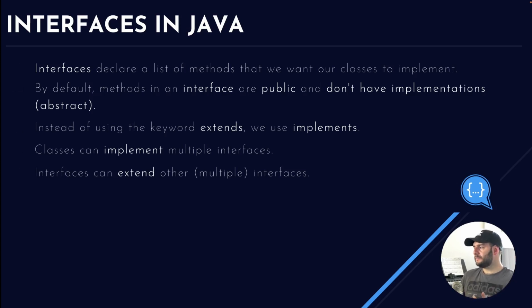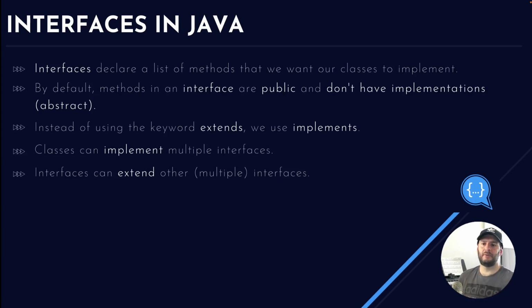And the thing is, interfaces allow for multiple inheritance. So instead of classes, where you can only inherit from a single class, even if this class is an abstract class, you can inherit from only one class.